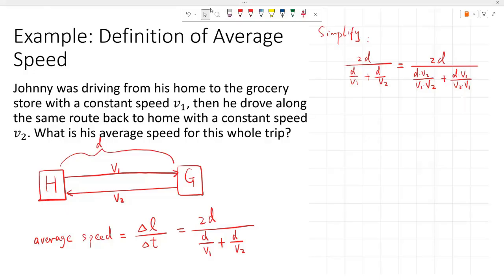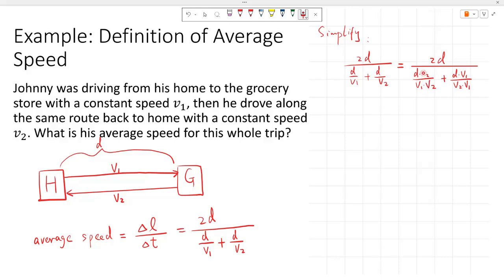I hope you see what happened here. We used the property of a fraction which says that if we multiply the same non-zero number with both the numerator and denominator of any fraction, the fraction stays the same.